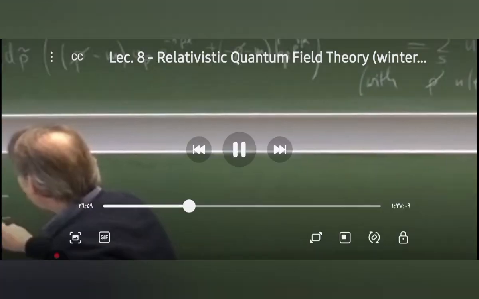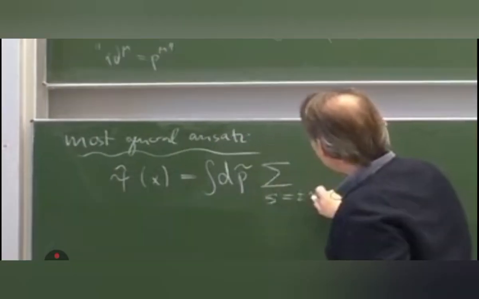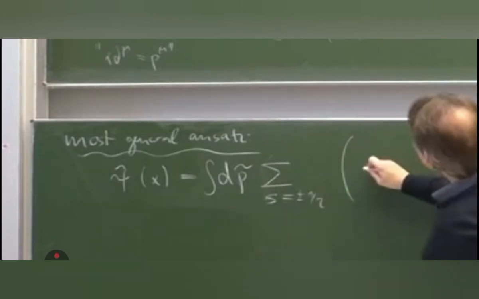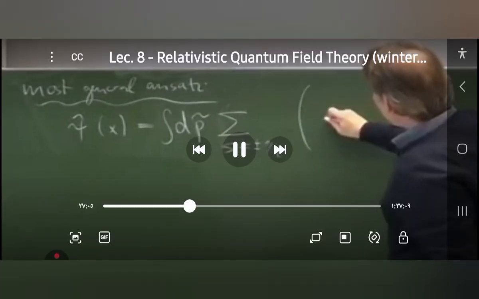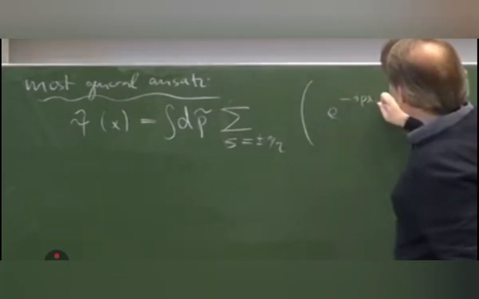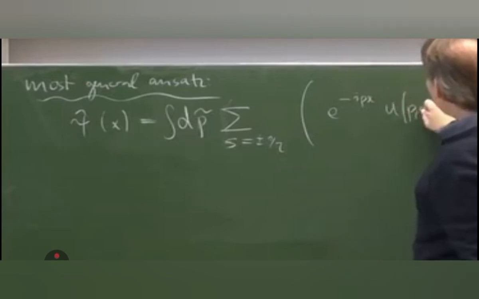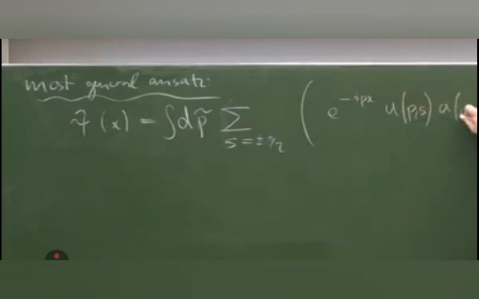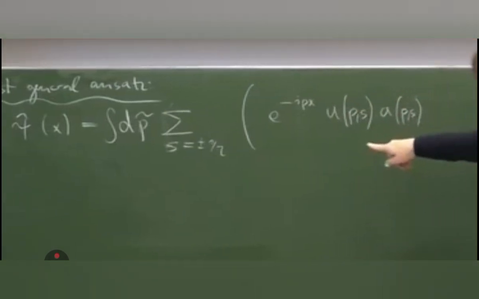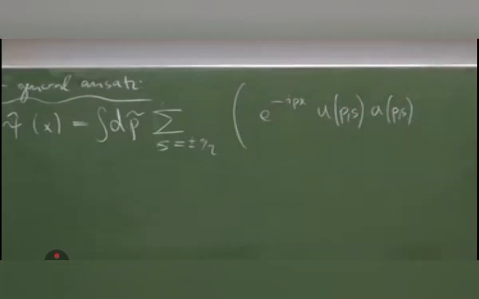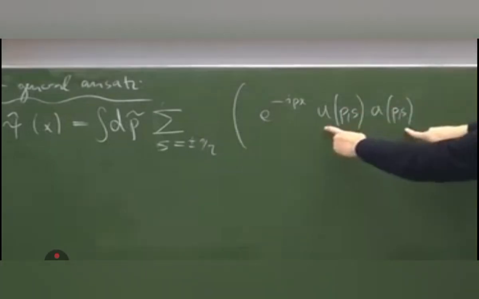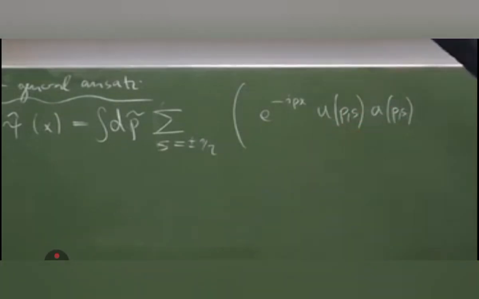So let's pull it out. Sum over s equal plus minus 1/2. And then we have e to the minus ipx times u of p comma s times a of p comma s, where these two are from here, and they together summed over s form this a of p from above.